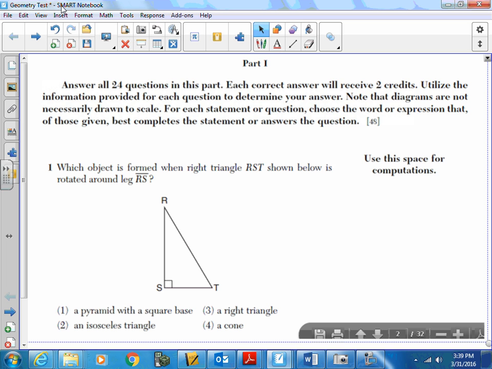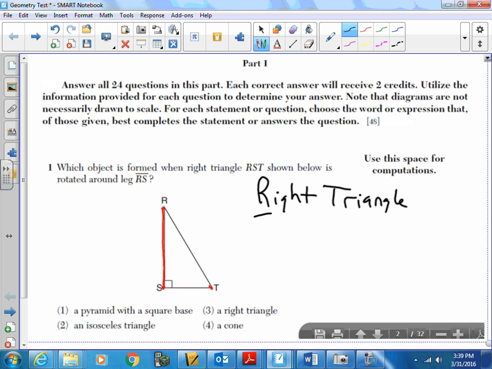It says, which object is formed when right triangle RST is rotated around leg RS? Leg RS. Remember, a right triangle always has 2 legs and a hypotenuse.